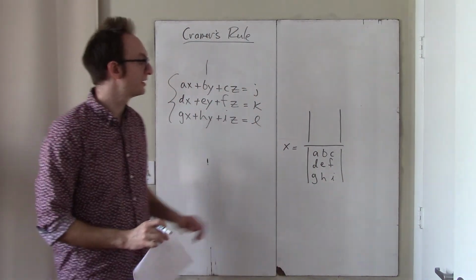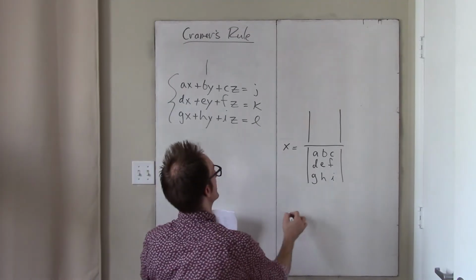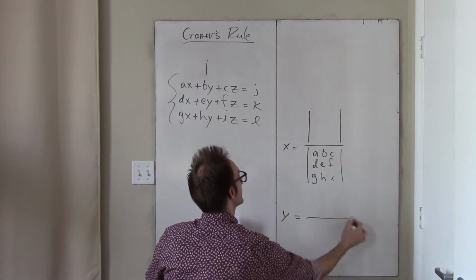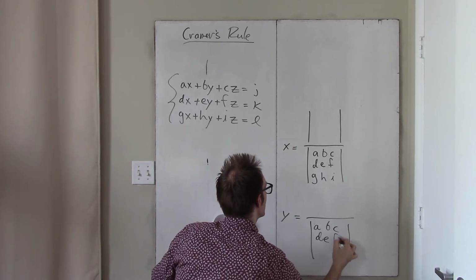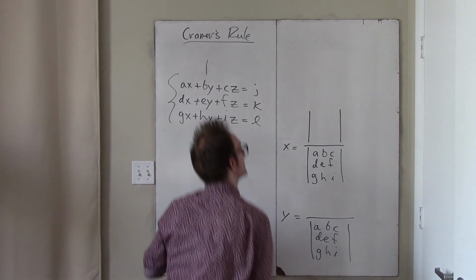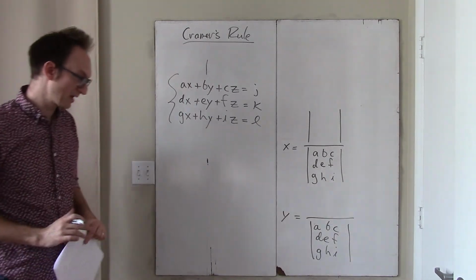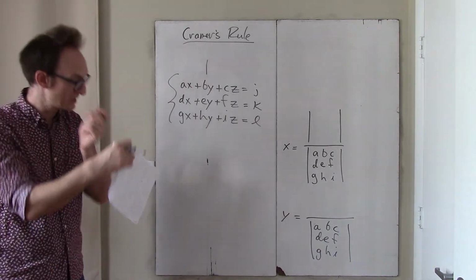And this will happen for y too: you'll get a, b, c, d, e, f, g, h, i. I'm not going to prove that that's true, but it is true.